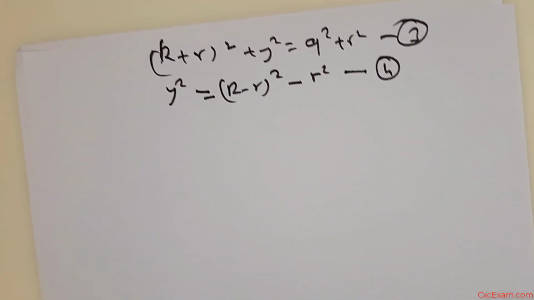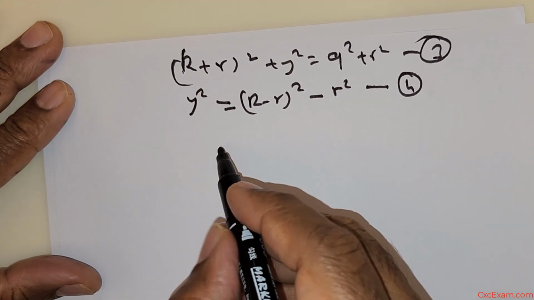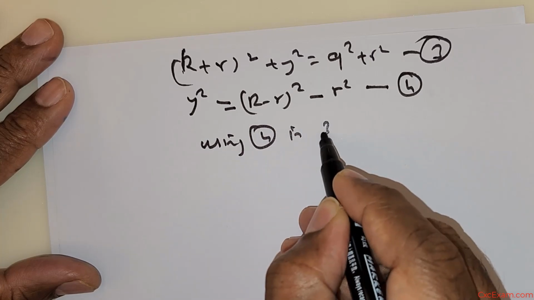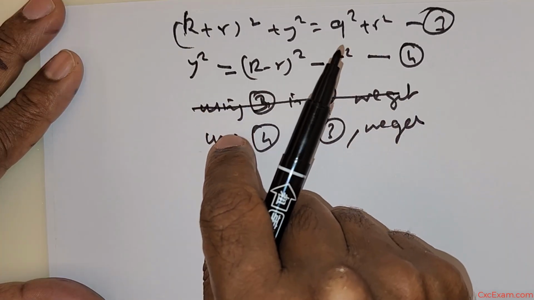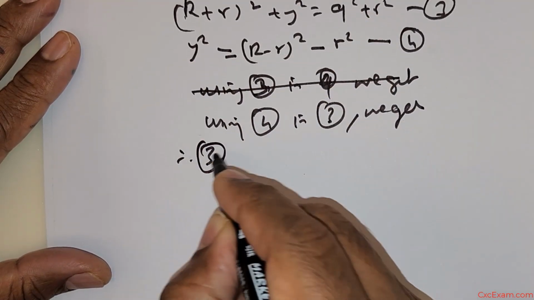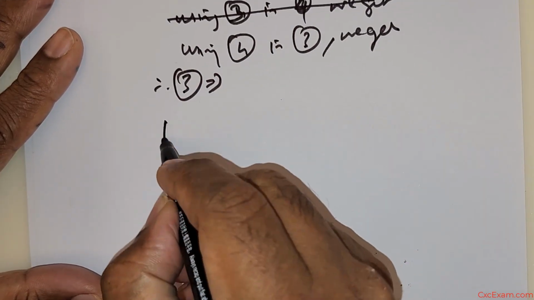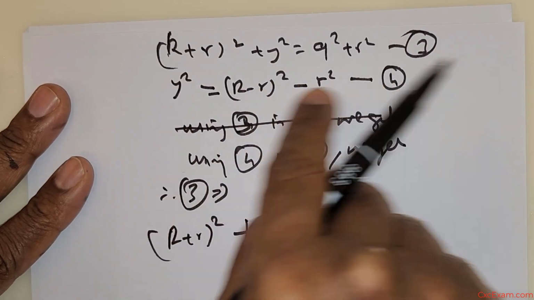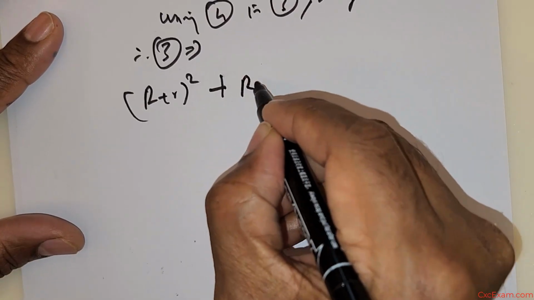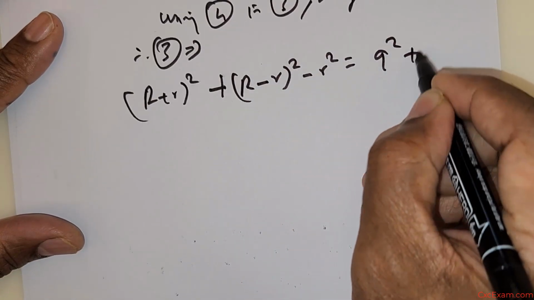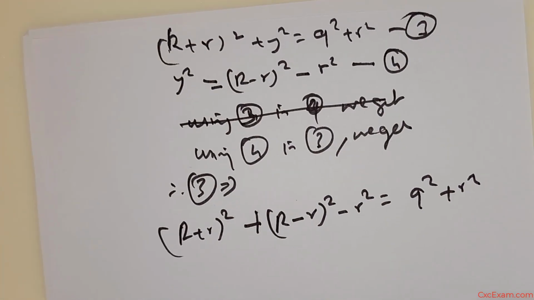This is my 4. So since we got that, using 4 in 3, Y squared is this, so 3 can be rewritten as capital R plus r the whole square. In place of Y squared, I'm going to substitute this. So capital R negative r the whole square negative R squared is equal to 9 squared positive r squared. Right, so this is what we've got.